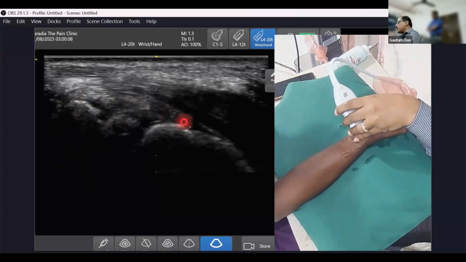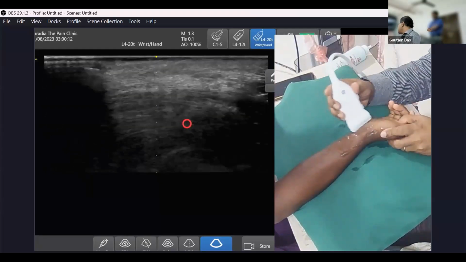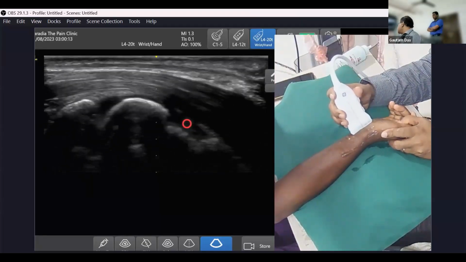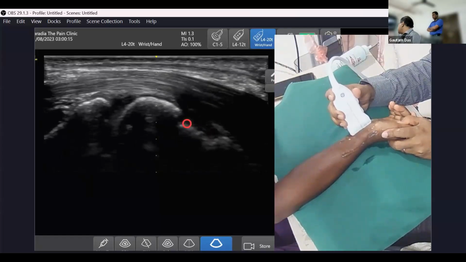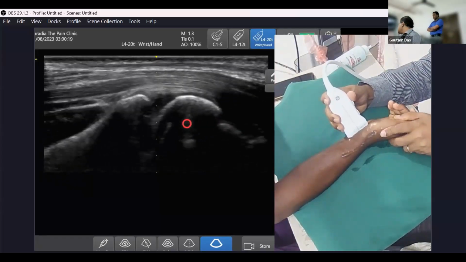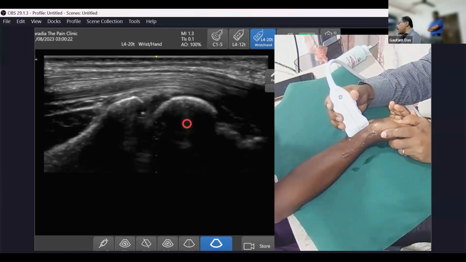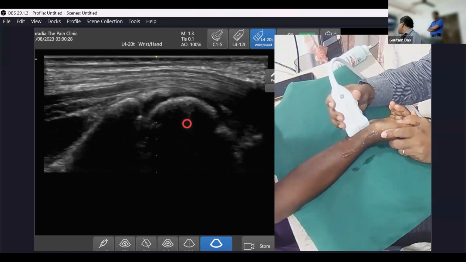Okay, now come to the ulnar side. Here again, you hold the probe over the scaphoid and the radius. The left-hand side is the radius, and this is your lunate. The scaphoid is not here. Now I'm fixing the distal end over the lunate and rotating the proximal part.